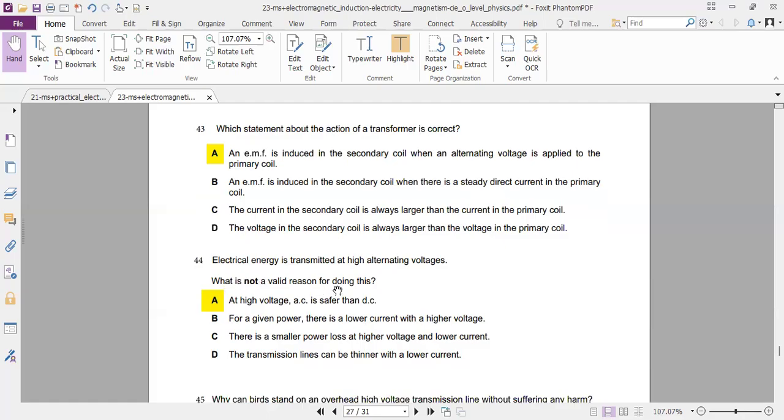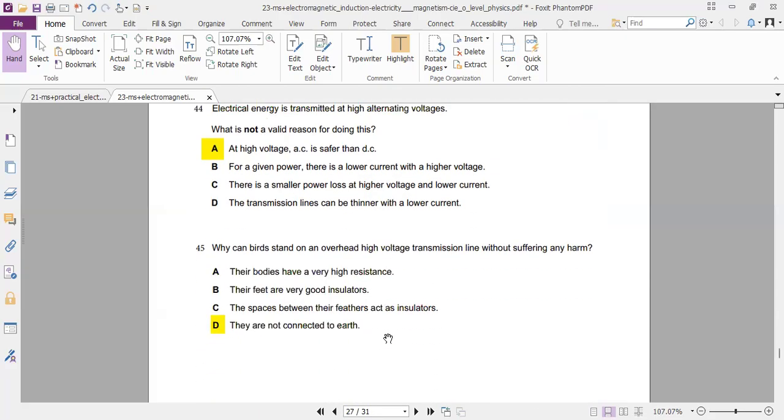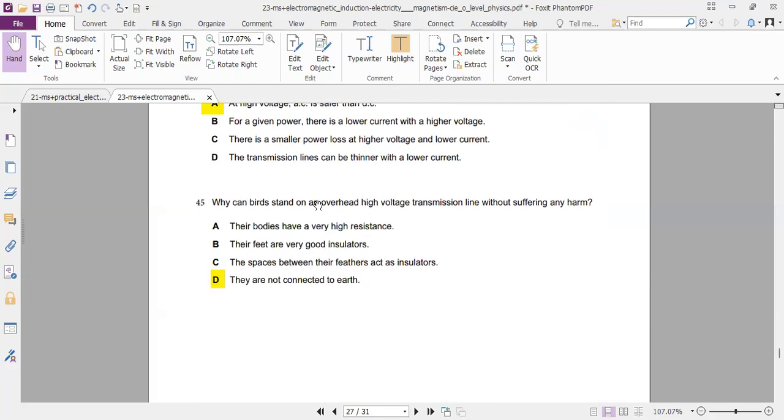What is not a valid reason for transmitting energy at high voltages: that a high voltage is safer than a direct current? No, that's not a choice. Why can birds stand on overhead high voltage transmission lines without suffering any harm?